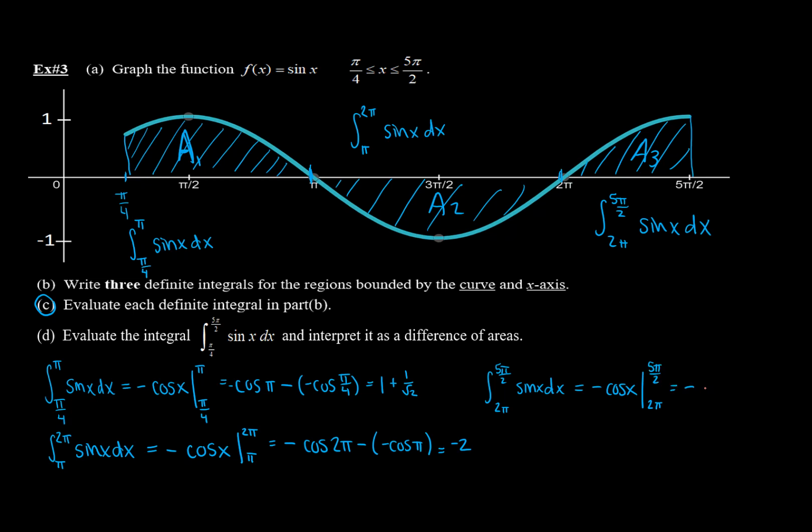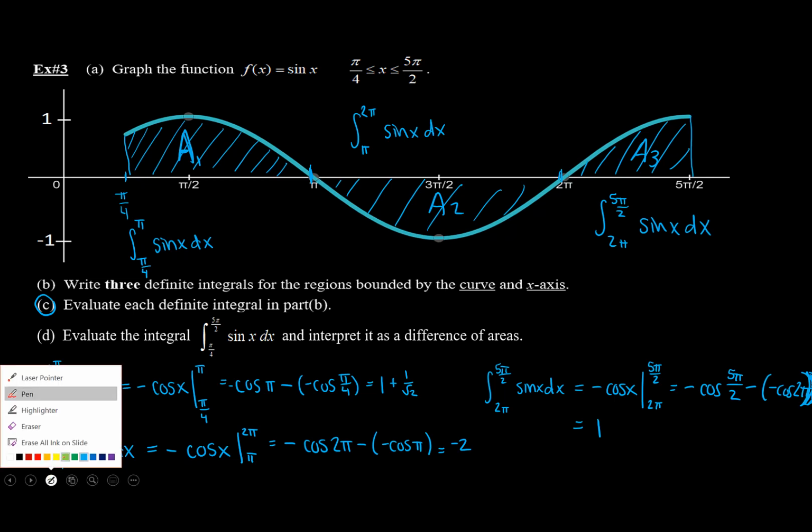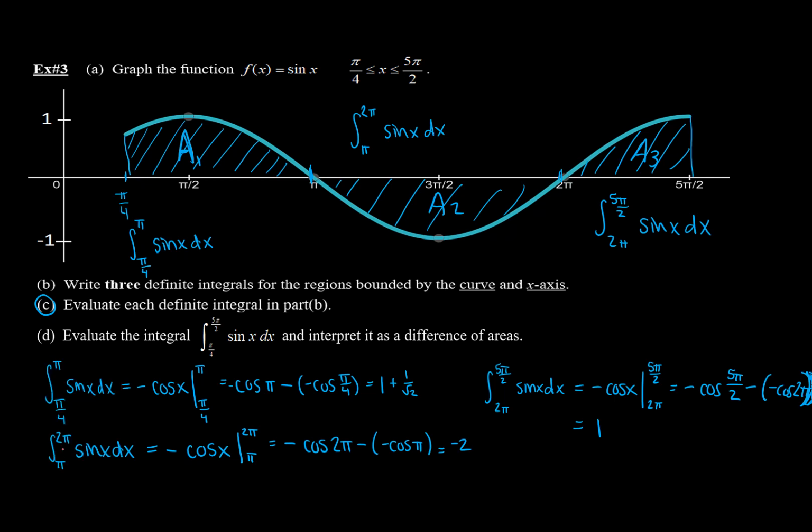And then I'm going to have negative cosine of 5 pi over 2 minus a negative cosine of 2 pi. And that one, again, with the aid of a unit circle, is going to be 1. All right, I'm getting kind of low here, so I'm just going to do it up at the top.